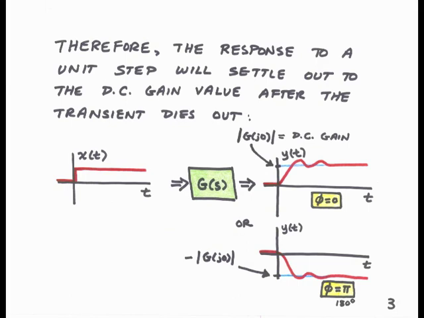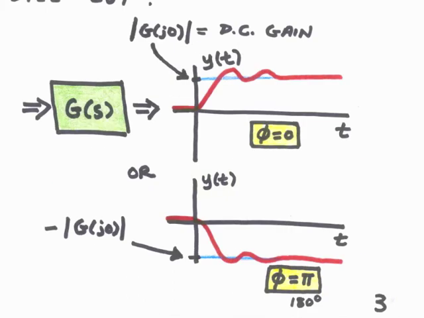So, for a stable system, we know the output in response to a unit step input will, after the transient dies out, have a magnitude equal to the DC gain of the system. For a stable system, the phase at zero frequency will either be 0 or 180 degrees.